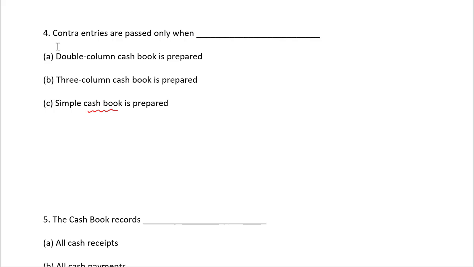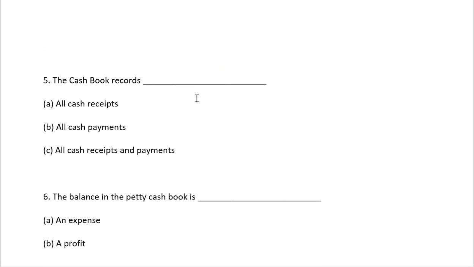Double column cash book could have cash column as well as discount column, or cash column as well as bank column. So the answer is B, 3-column cash book, that is cash, bank and discount column, only when cash, bank and discount column would be there. The answer is B.